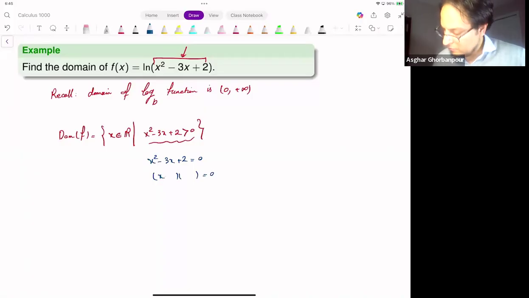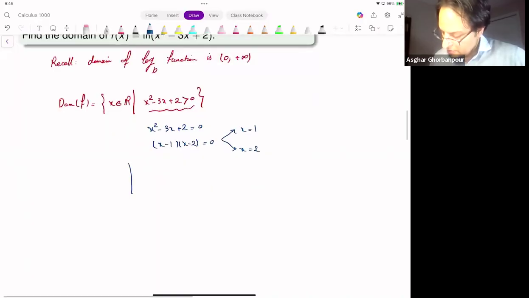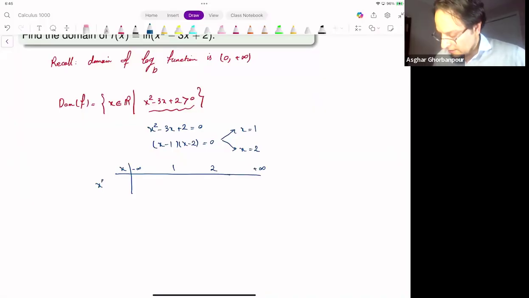So you get -1 and -2. You add -1 to -2, you get -3. When you multiply, you get 2. So from that, you get two values: x is equal to 1 or x is equal to 2. Now, this is good. I have two values. My sign chart is going to be like this. From -infinity, x goes to 1, and then 2, and then it goes to plus infinity. The function I'm dealing with is 0 here, 0 there.